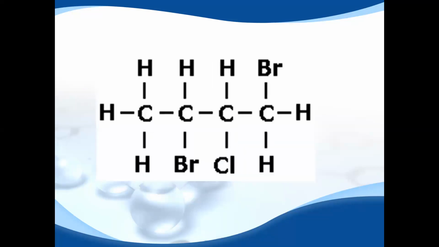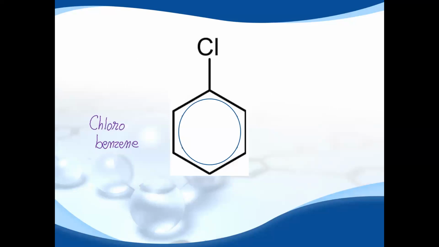This is a halogenoalkane. It's a carbon chain with a bromine. Technically, it's a bromobutane. You have to copy this example. Yeah, copied. Now, this is called chlorobenzene.